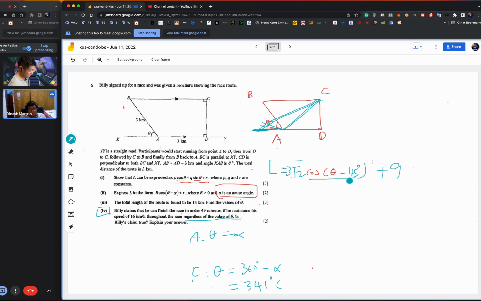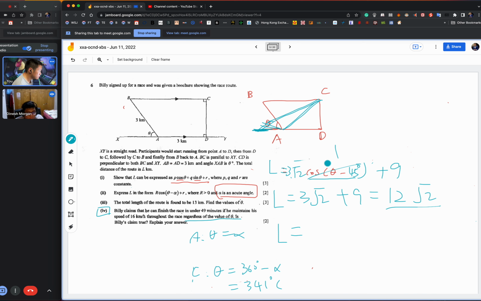So regardless of your theta, the max value of distance is L equals 3 square root 2 plus 9, because I assume this to be 1. This is the max value of L. The smallest value is negative 1, so it's negative 3 square root 2 plus 9.